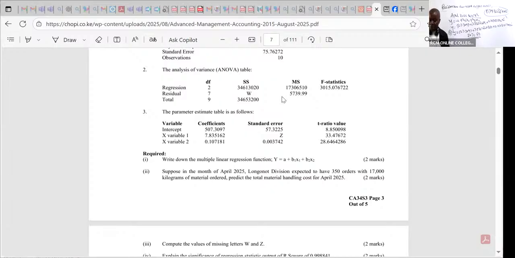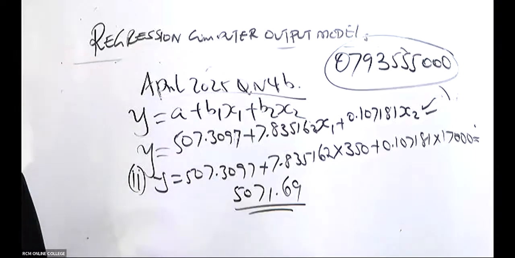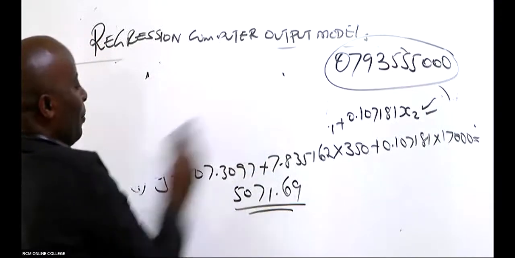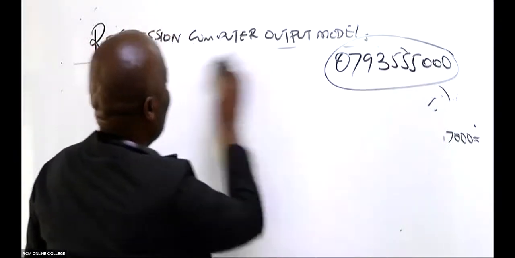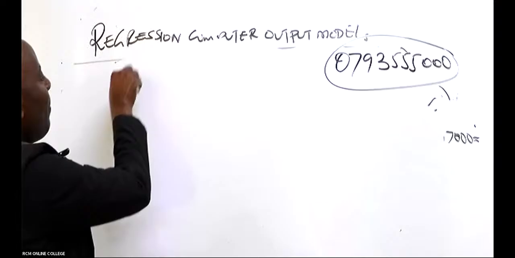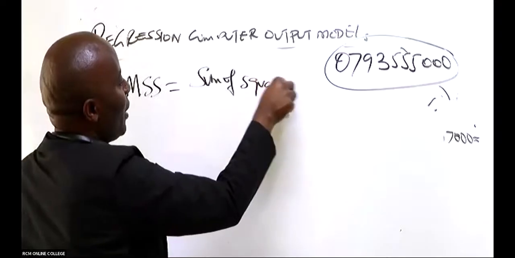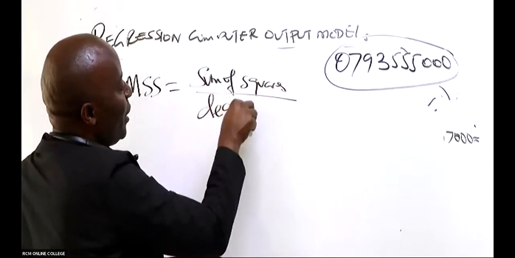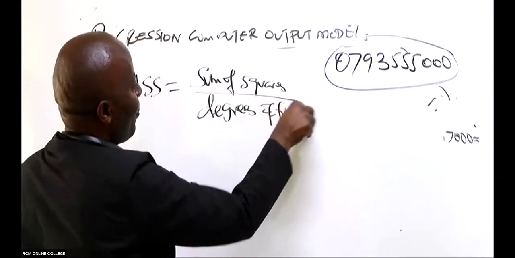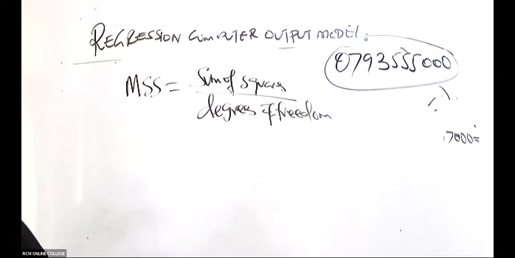So in this case here, we know that mean sum of squares equals sum of squares over degrees of freedom.